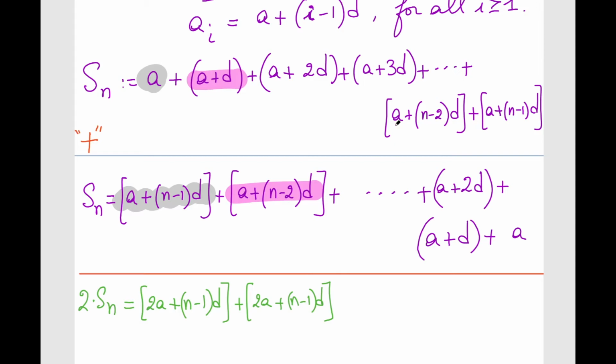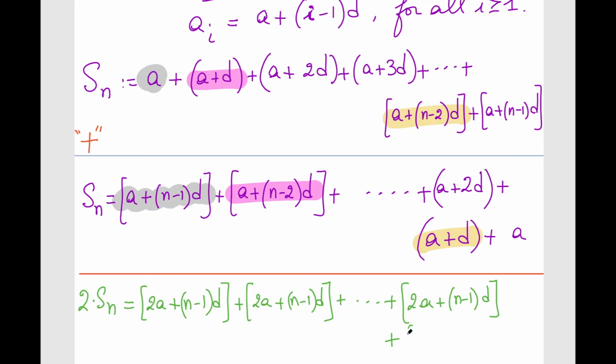Let's add the last two. Let's take a look at the last two. So we're talking about this added to this, right? And if you add this to this, how much do we get? We get still 2a plus (n minus 1)d. And the last one, we're adding a plus (n minus 1)d to a.